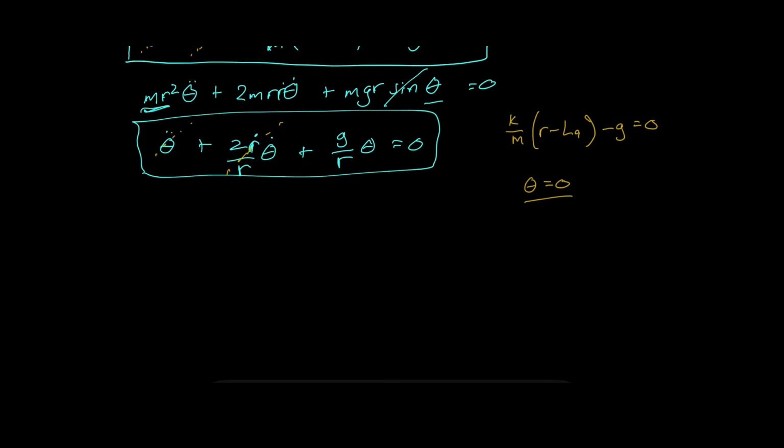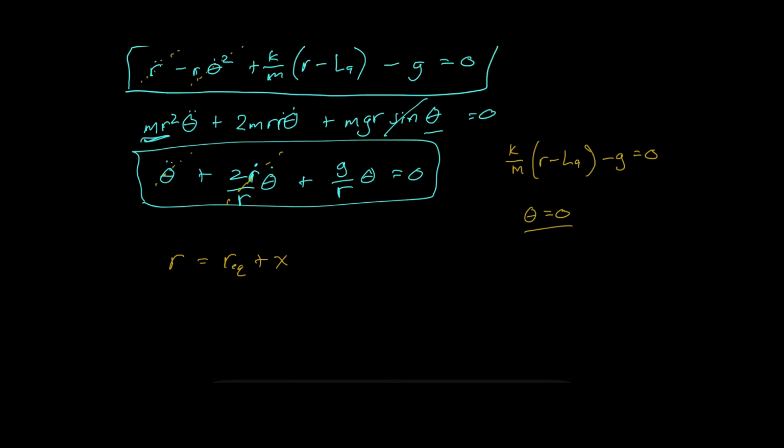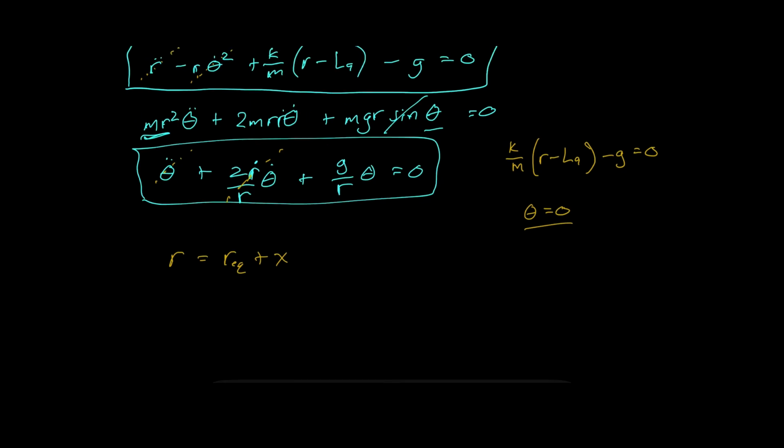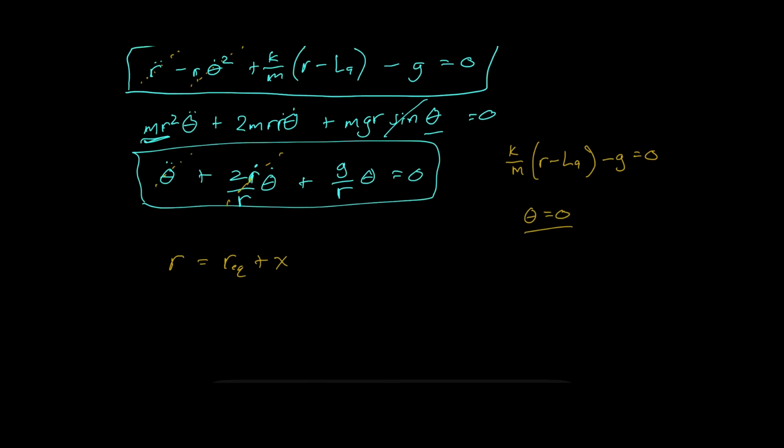Now what we do is we're going to set r to equal our r equilibrium position plus some small displacement that we're going to call x. Okay, and so we're going to do that with our original equation. First, we're going to solve for r here.